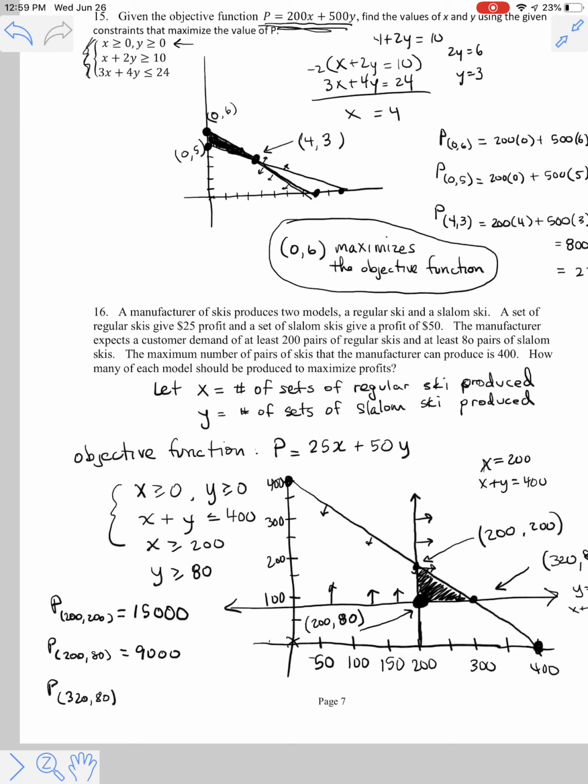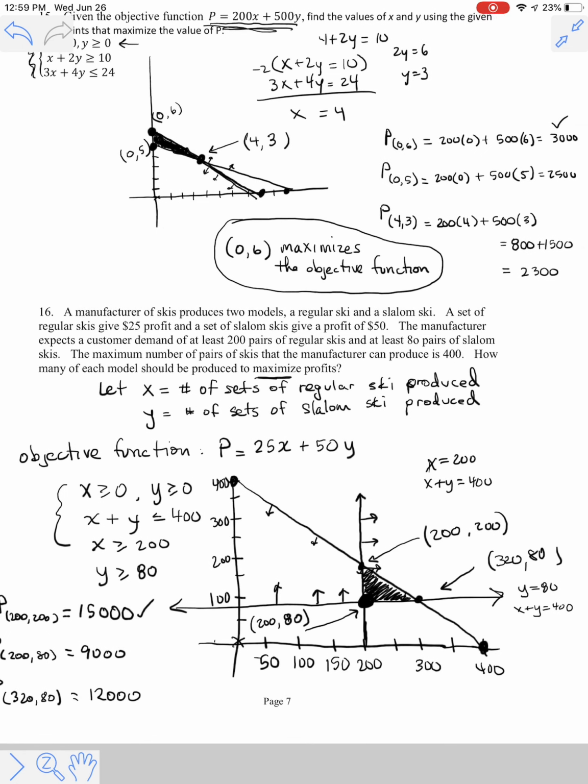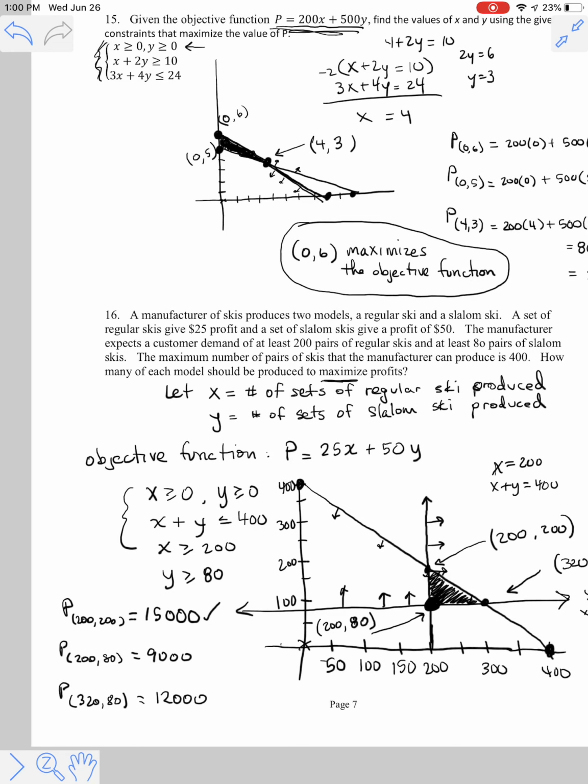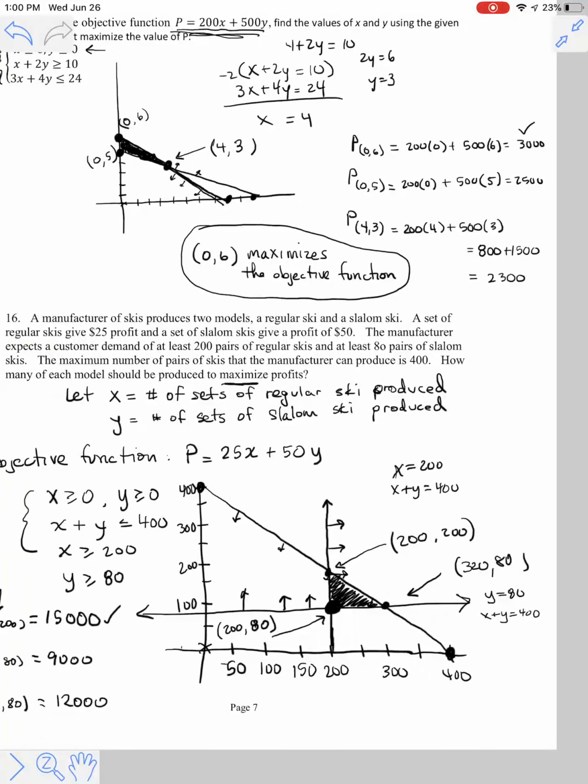When you plug in the point 320, 80, you're going to get 12,000. The intent was to maximize profits. This is the maximum profit. So the question was how many of each model should be produced, and the answer is right here, 200 of regular skis and 200 of the slalom.